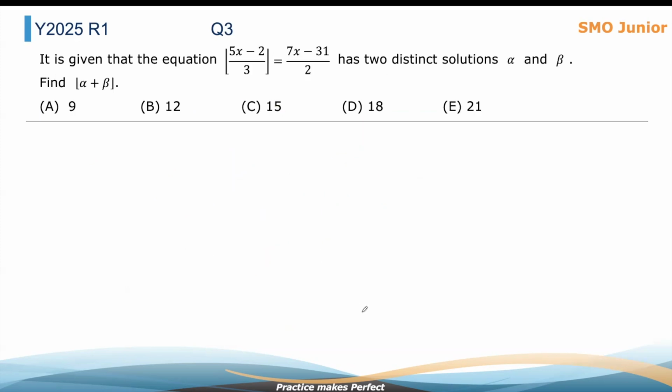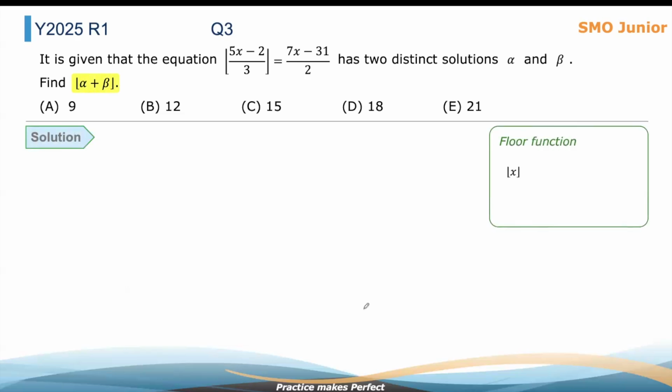Question 3. We need to know the floor function. Floor function of x means the largest integer no more than x. From this definition, we know the floor function of x is less than or equal to x, but greater than x minus 1.